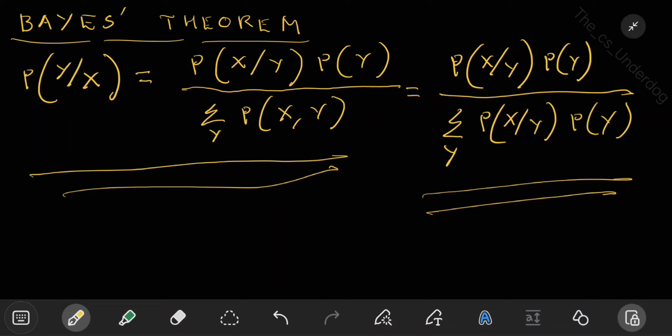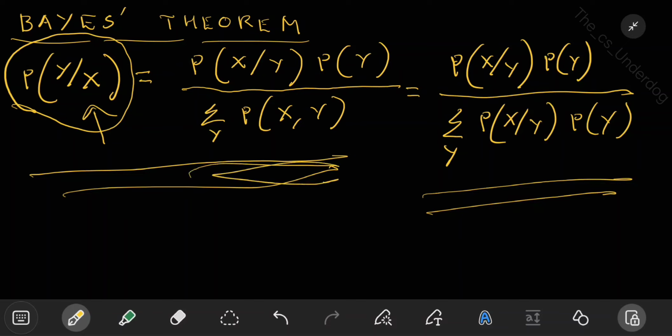In short, Bayes theorem is used to estimate the probability of an event y if you are given that the event x has already occurred. We derived Bayes theorem as probability of x given y into P of y divided by the summation over all terms of y of P of x, y. Another form of writing the same thing is this.